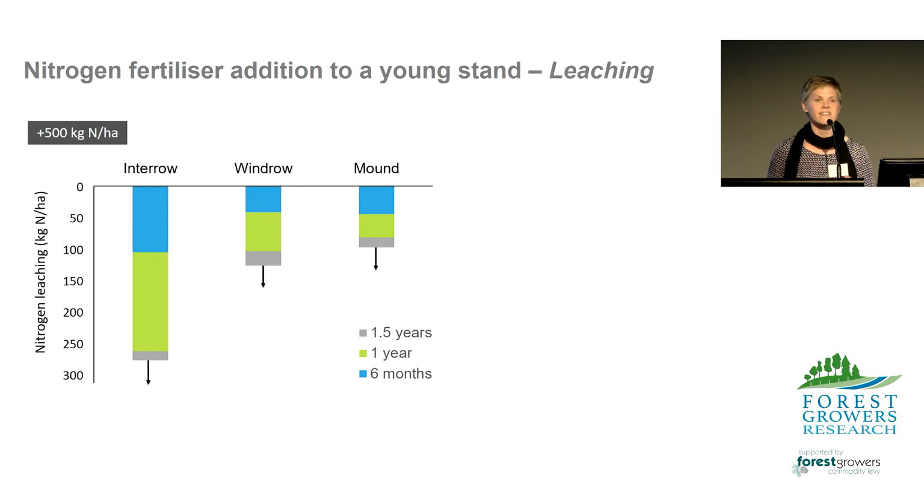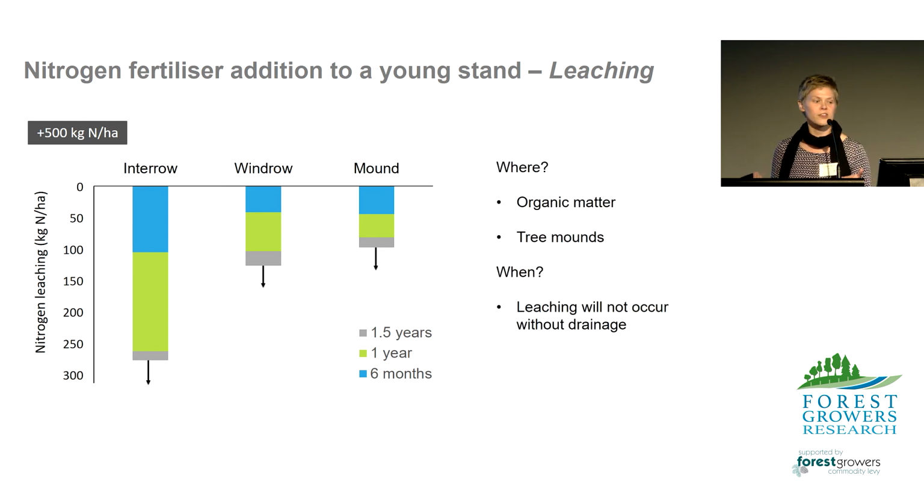And we also see this in the leaching. If we compare leaching under interrows as compared to mounds and windrows, you see significantly more leaching under interrows than you do in windrows and mounds. So when thinking fertilizer addition, if you can add to areas with organic matter and, for young trees, close to tree mounds, that can really help to keep nutrients on site.